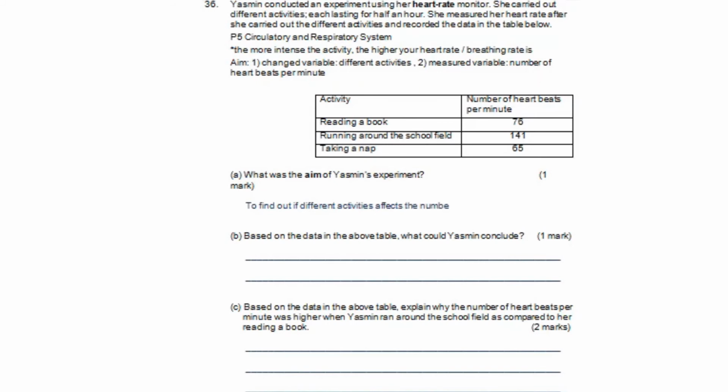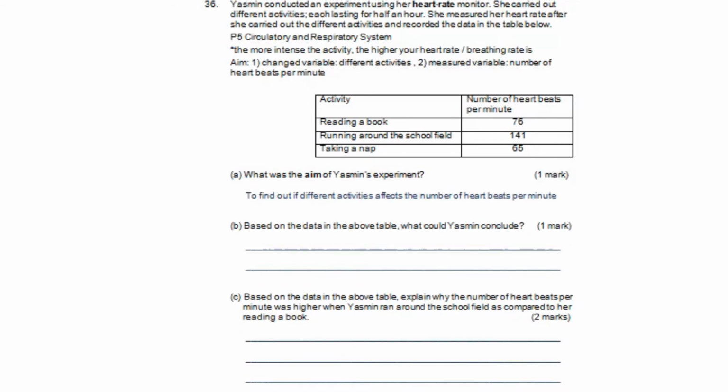The number of heartbeats per minute. That's all. That's how simple it is to craft an aim of an experiment. You just need to know what the change variable is, and also what the measured variable is.